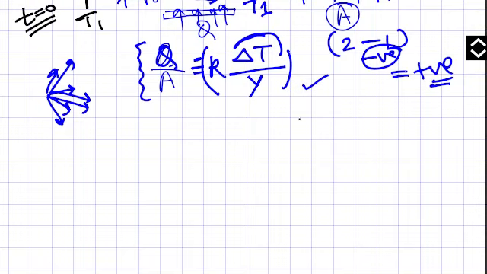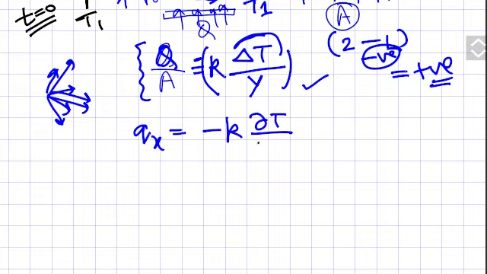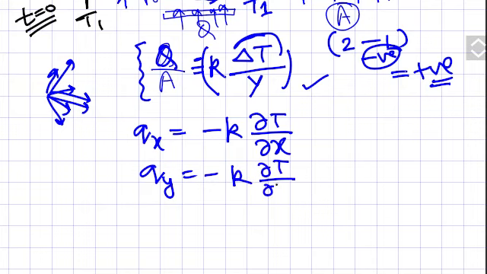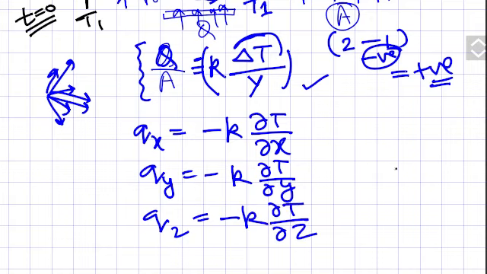It is written like this in 3D form. Here you take the partial differentiation of T with x, because you now have 3 variables. So these 3 equations are for Fourier's law in 3 directions, the 3D form.